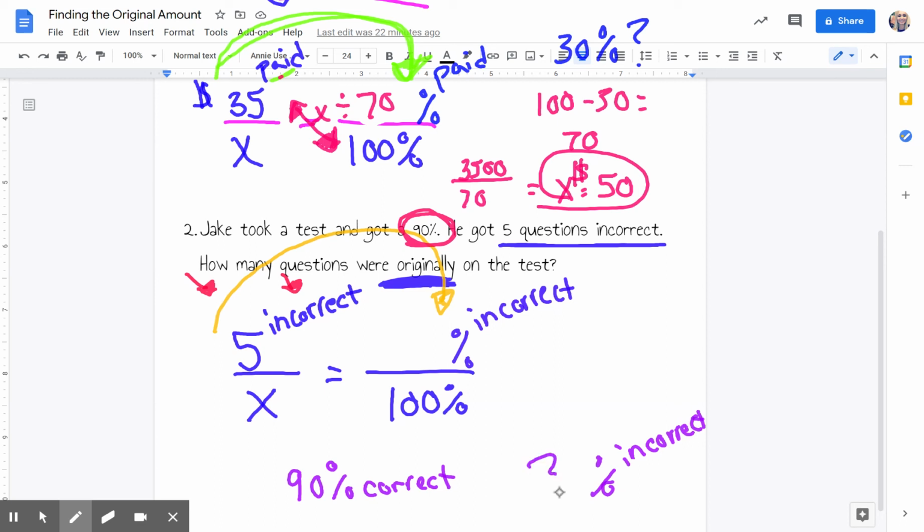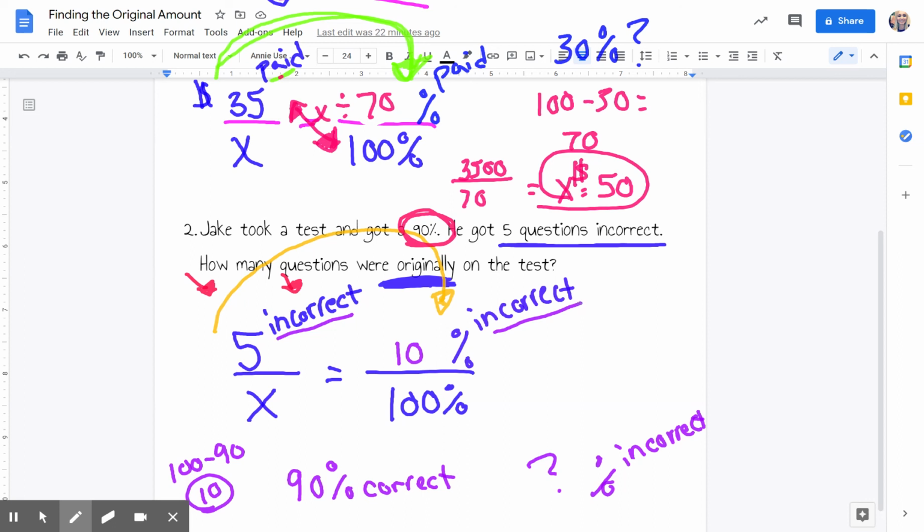Right? So let's subtract. The best I can get is 100%. I get 90 correct. That means 10% is what I got incorrect, right? 100 minus 90 is 10. So the key of this is that my words have to match up.